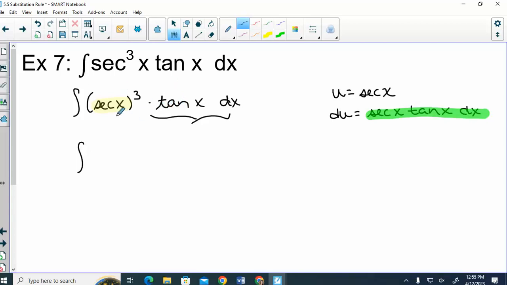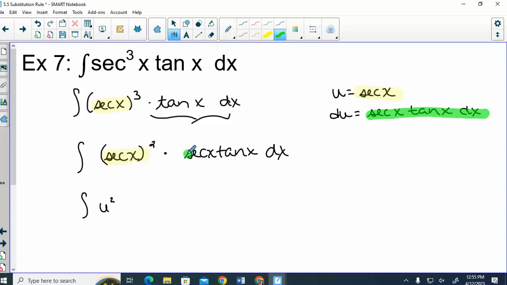So would we agree that this is the same thing as if I wrote secant of x squared times secant x tangent x dx? You agree? If you multiply this, you still get the secant cubed that we started with. So secant x, what's that get changed to? U. So that's a u squared.